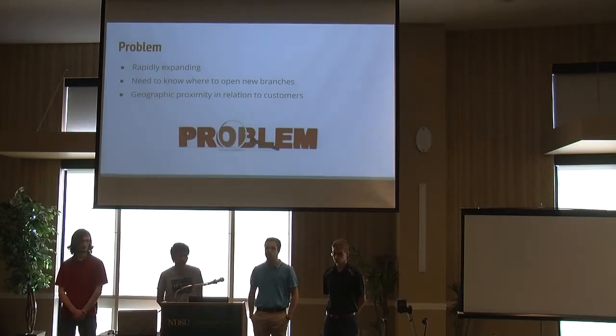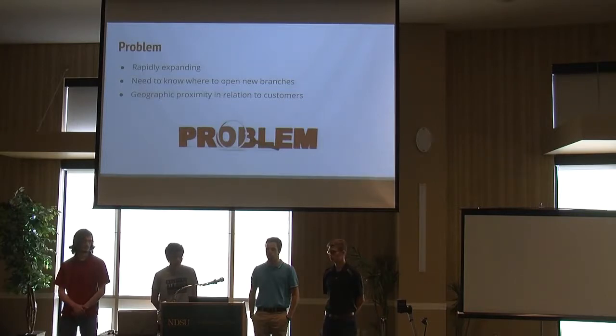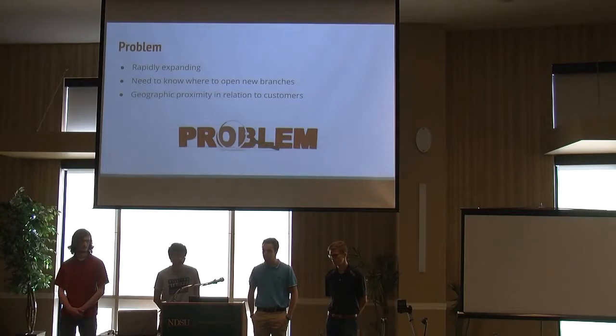They need to know where to open new branches, and how geographically proximate they are in relation to customers. They have the data, they just need to show it on the map.